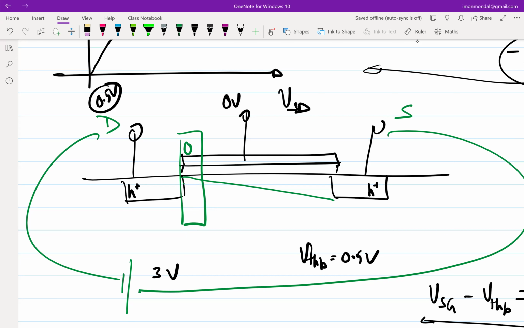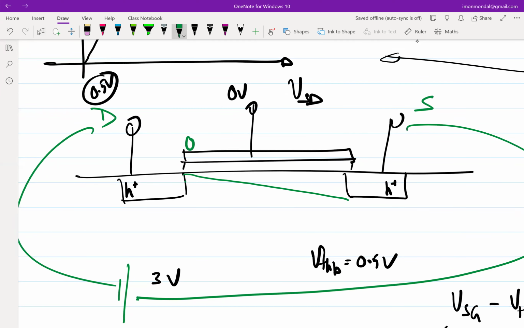Maybe I'm confusing you. So let me break it down even further. This voltage is 0, it's not changing. What am I doing? I'm changing this voltage, right? This P plus is, assume that's filled with holes. There is no voltage drop across P plus. So whatever I apply at this terminal also appears at the junction.